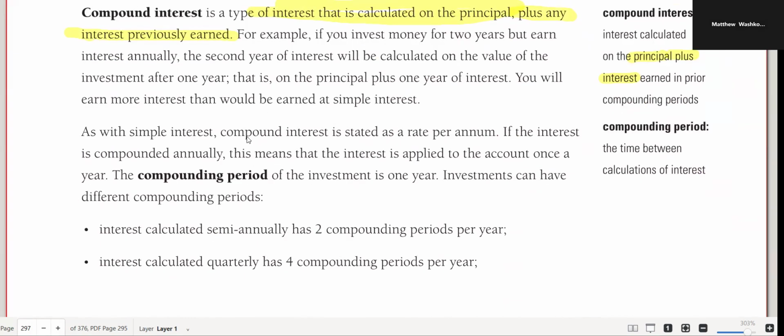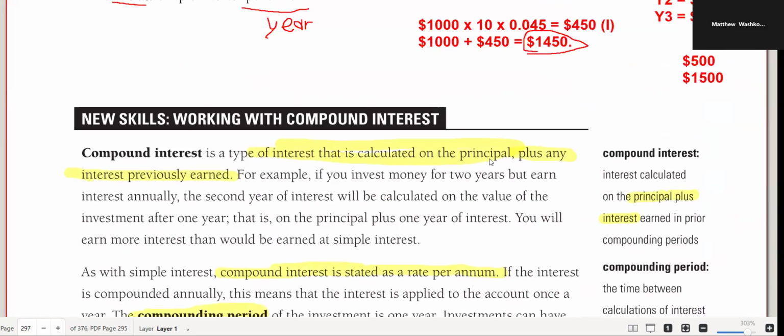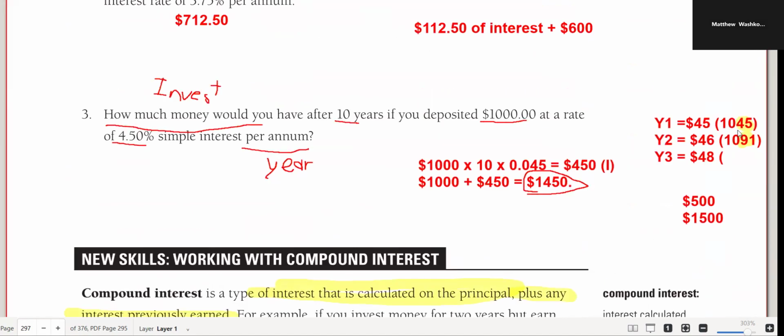Now, normally for simple interest, it's per year, right? Yeah, per year, that's fine. Now, for compound, we have different periods. So maybe up here, the interest was calculated every year, right? What if I said it's calculated once a month? Well, now it's $1,000 and $4.50.